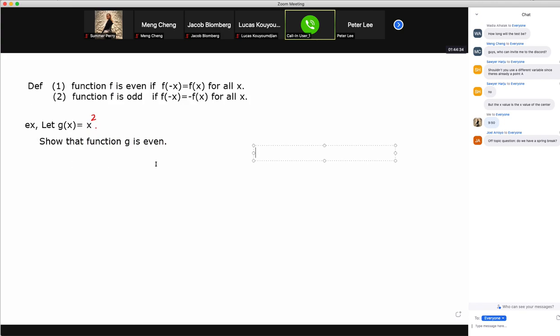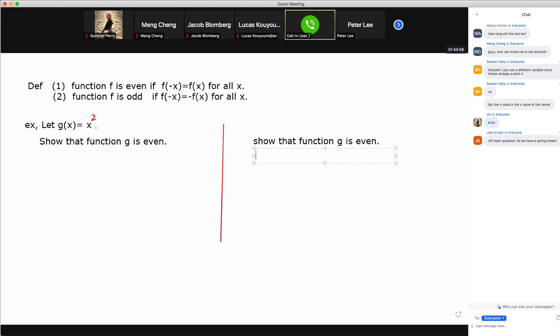Here we have solution 1. Okay, so show that function g is even. How do you show that this function g is even? So let me put a bar here in the middle. Okay, so how do you do this?